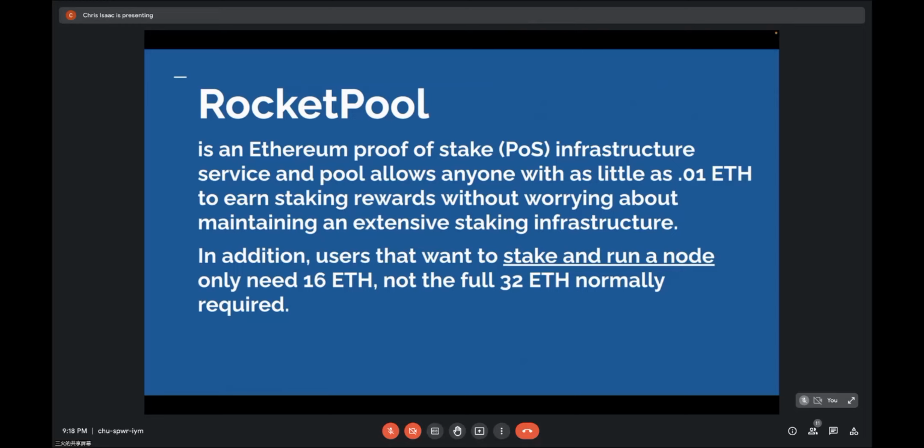And if you want to stake and run a node, which normally would be 32 ETH to deposit into the contract, they only require 16. So essentially you're pairing up with another user of 16 and creating a validator for the 32.